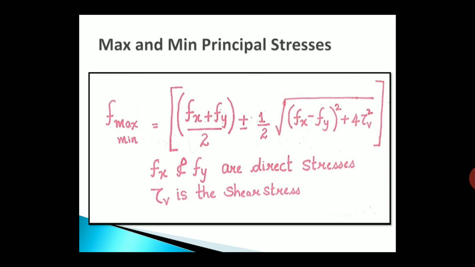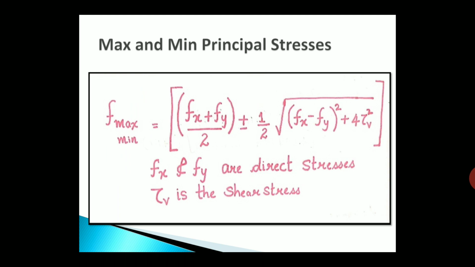So in today's lecture we have discussed what a shear force is. When a shear force acts on a pre-stressed member, what happens is the effect of the direct stresses Fx and Fy and tau v, which leads to the generation of principal stresses, F maximum and F minimum, which are obtained by this formula.